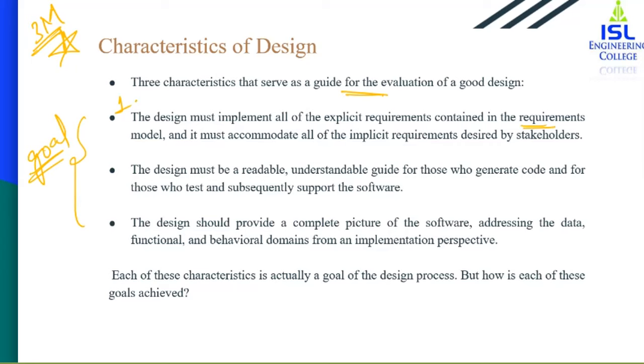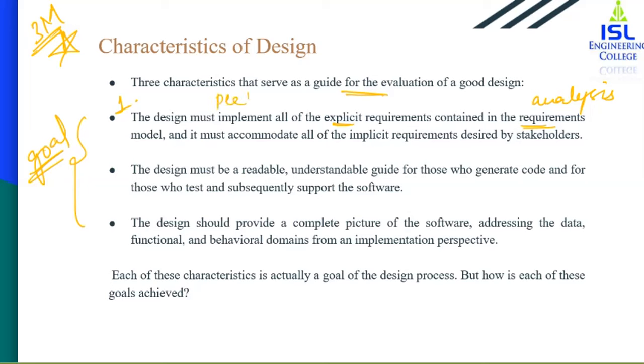What is the requirement model? Requirement model is your analysis model. So within your analysis model, what are all the requirements that were implicitly stated? Implicit means that were not actually mentioned, like the performance should be there, the software should be accurate. All of these things should be present whenever you're making the design. So this design should implement all the explicit requirements.